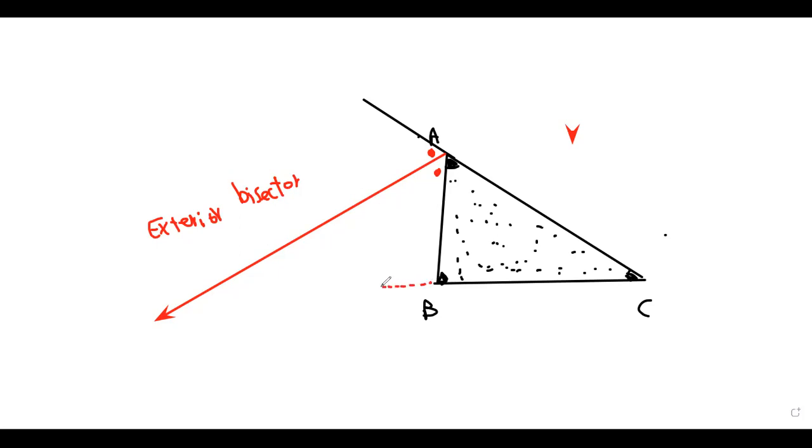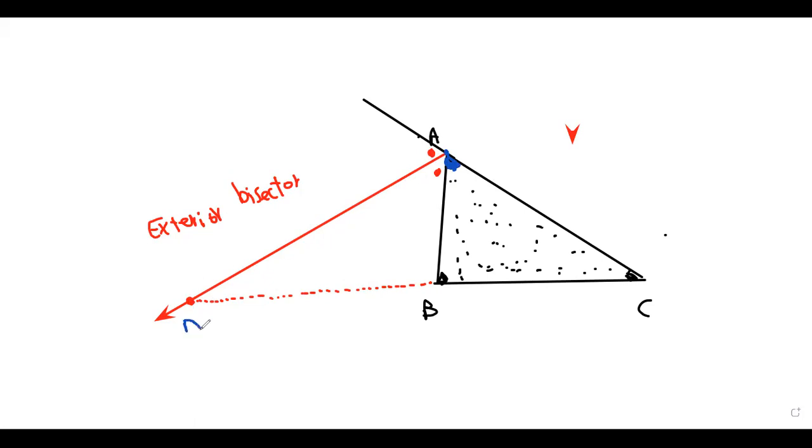The exterior bisector divides the base. Firstly, I want to extend this line. Where is the vertex? This is the vertex A. Where is the angle? It's angle A. And what is the bisector? It's AD.